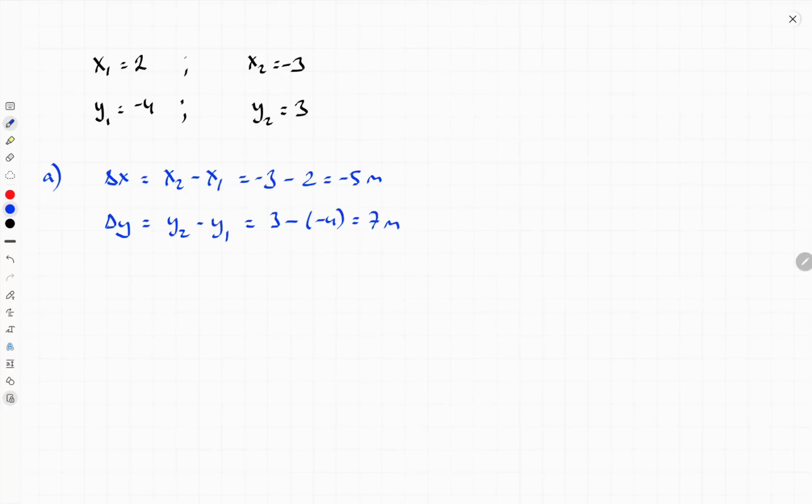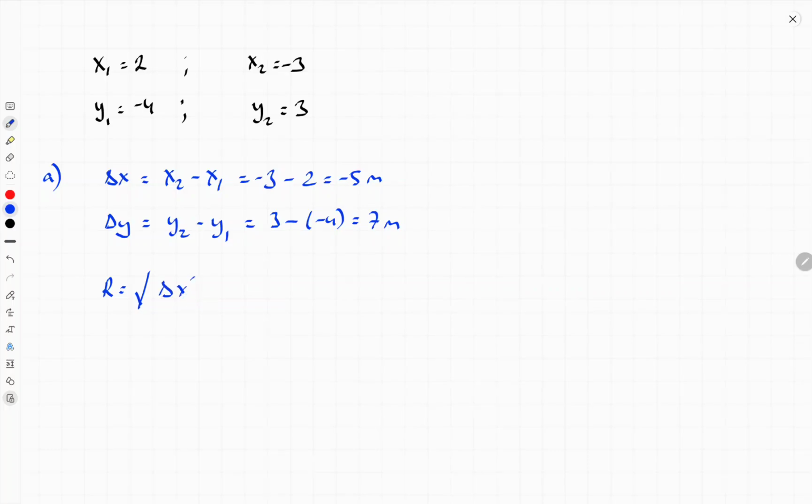So for the distance between these 2 points, we found the distance in x direction and the distance in y direction, but the total distance will be equal to, let's call it just capital R. We know that the directions x and y are 90 degrees, perpendicular, so basically we need to use the Pythagorean theorem.